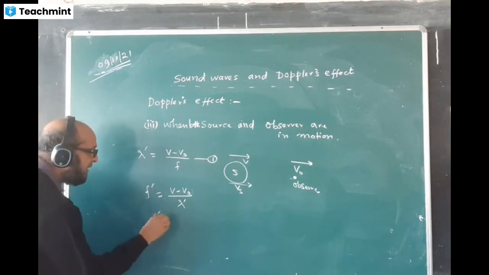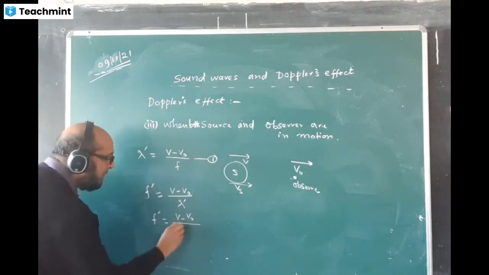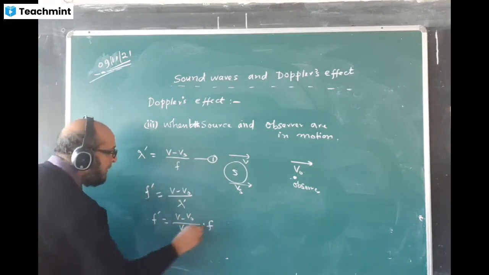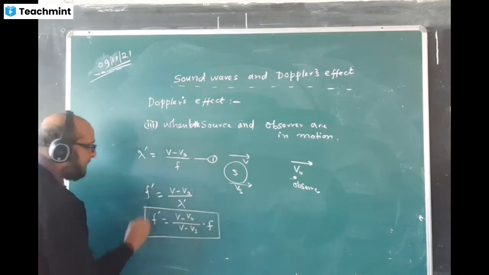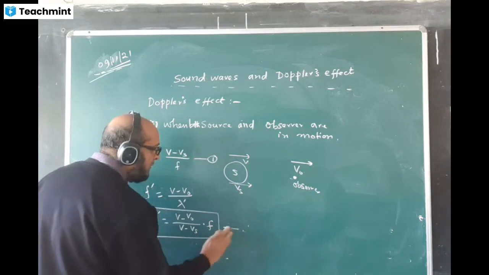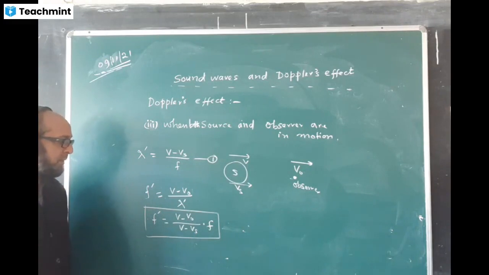Next line I write that f dash is equal to V minus V naught, lambda dash value I will put here, V minus Vs divided by f, that f will come here. This becomes the formula.